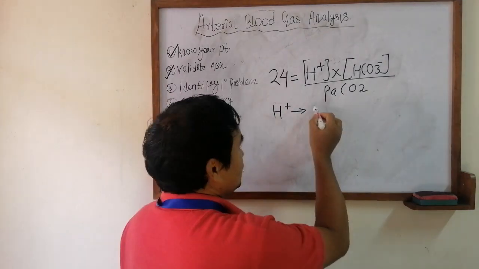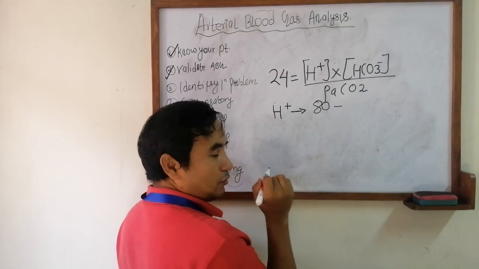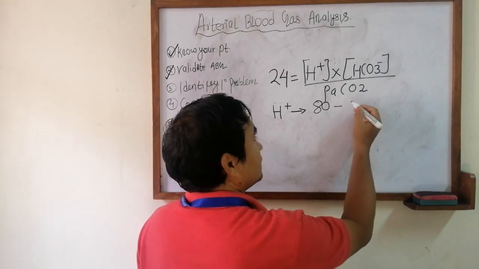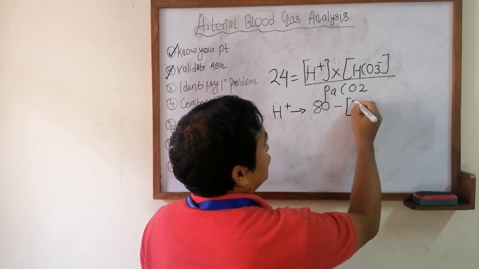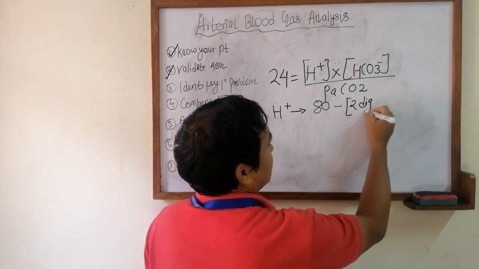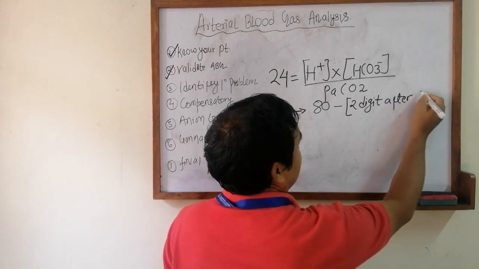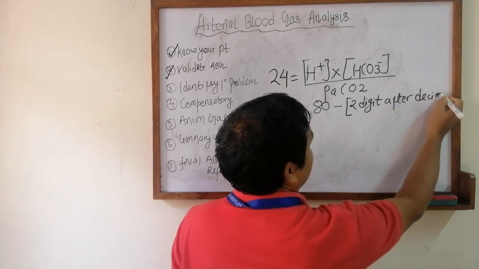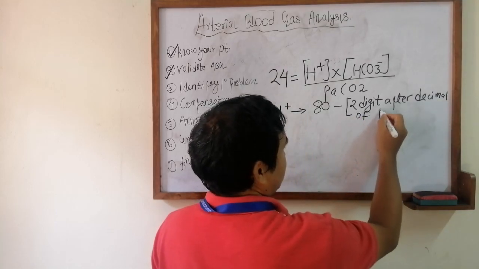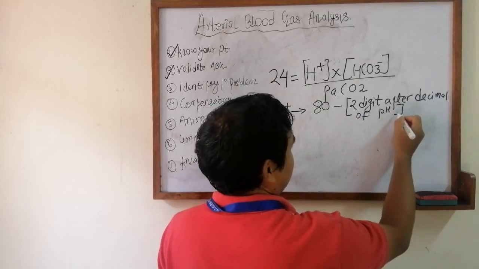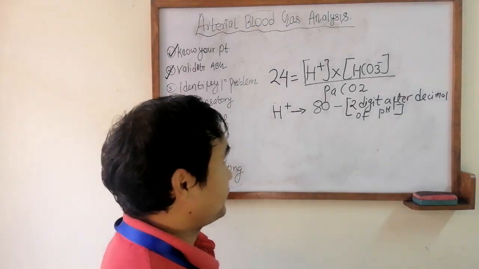It's just 80 minus the two digits after the decimal of pH.